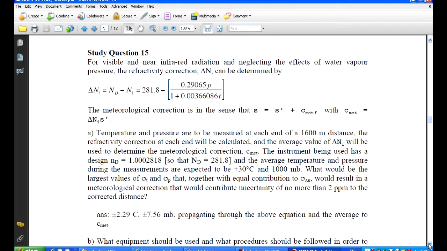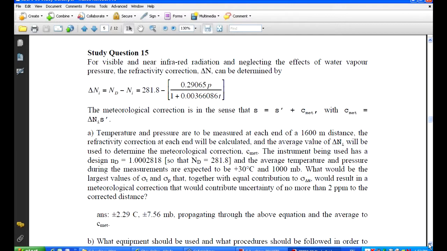So then it's a case of evaluating that for the temperature of 30 Celsius and 1,000 millibars. And then how would that vary with the 2 parts per million?